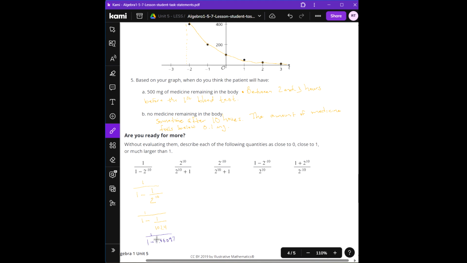Okay, so a really small number. Basically we have 1 divided by something really, really close to 1.